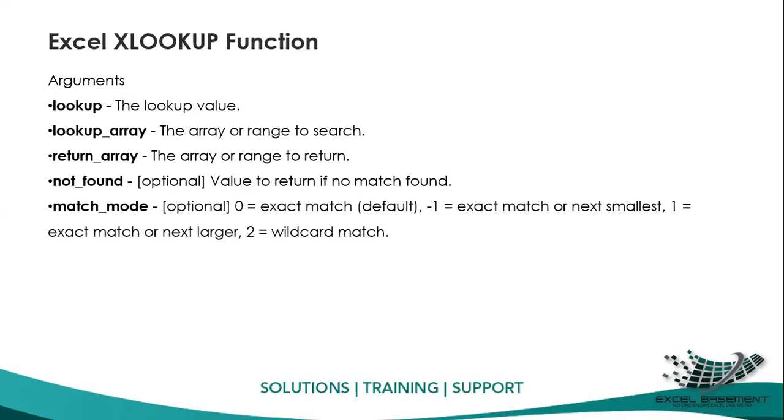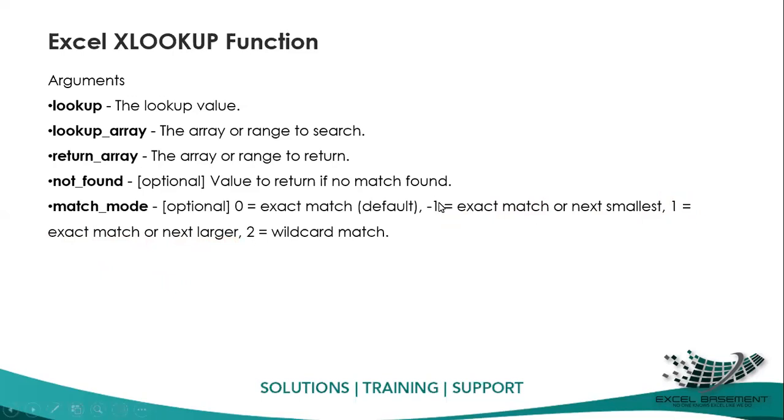Then in the match mode, there are four options available. Okay, so 0 for the exact match. If you want to do the exact match, you will write 0. -1 for the exact match or the next smallest. Okay, +1 is for the exact match or the next larger.